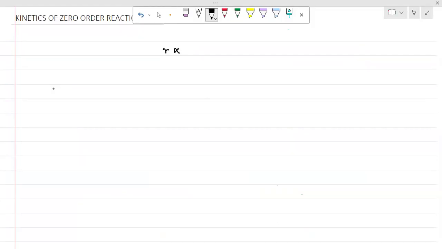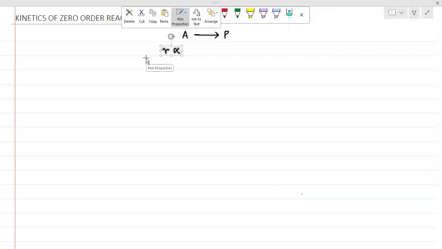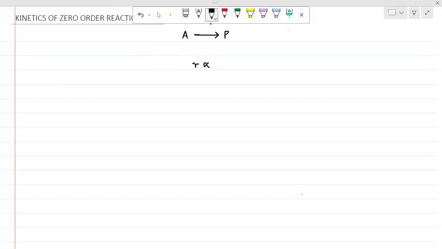For example, if I have some reaction where A becomes P, the product, the rate expression will be written as: rate is proportional to the concentration of the reactant, which is A over here, raised to 0.